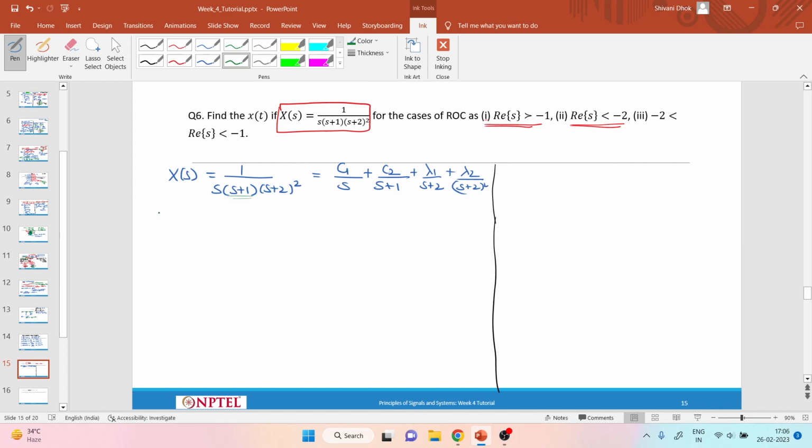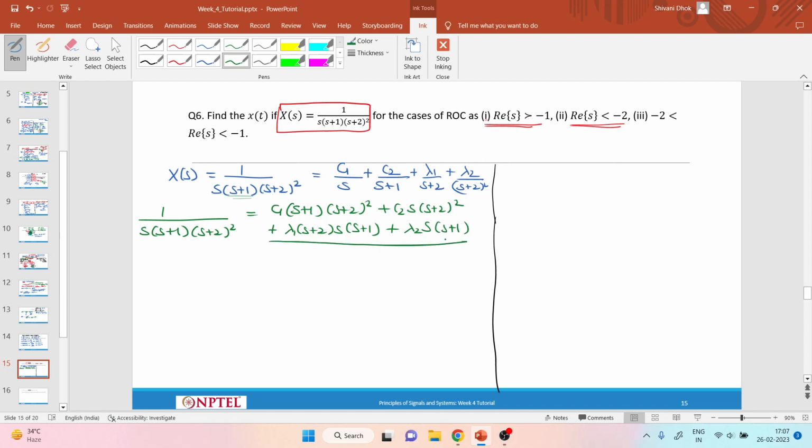Then 1 upon s into s plus 1 into s plus 2 square will be equal to c1 into s plus 1 into s plus 2 square plus c2 s into s plus 2 square plus lambda 1 into s plus 2 into s plus 1 plus lambda 2 into s plus 1.